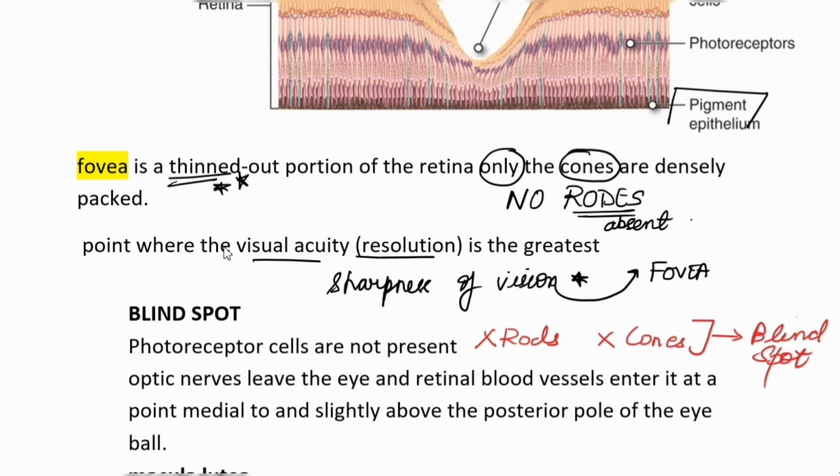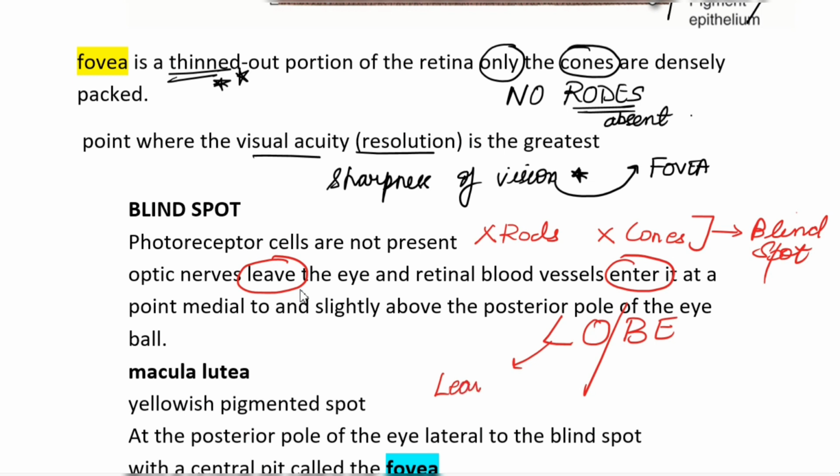So photoreceptor cells are not present in the blind spot, and this blind spot is the spot where the optic nerves leave the eye and the blood vessels enter the eye.